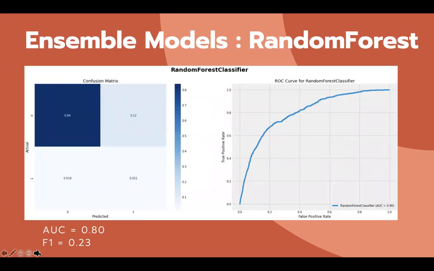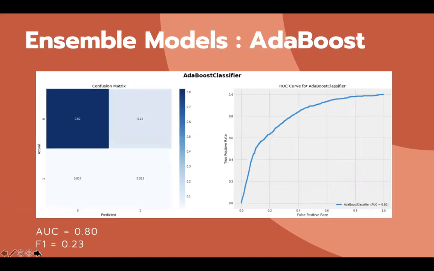Then we did a random forest model, and we beat the baseline with an F1 score of 0.23. We also tried AdaBoost, which performed almost similar to random forest with an AUC score of 0.8 and an F1 score of 0.23.